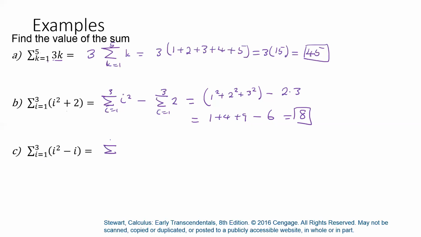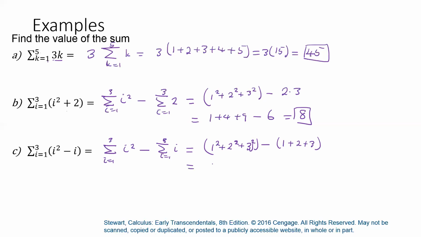Now let's do the same thing for a difference. This will be the sum of I squared, then minus the sum of I from 1 to I. Okay, so let's do that. This will be 1 squared plus 2 squared plus 3 squared, then minus 1 plus 2 plus 3.